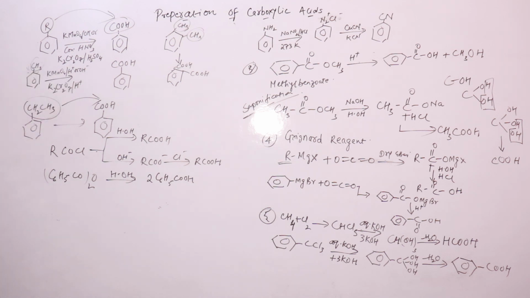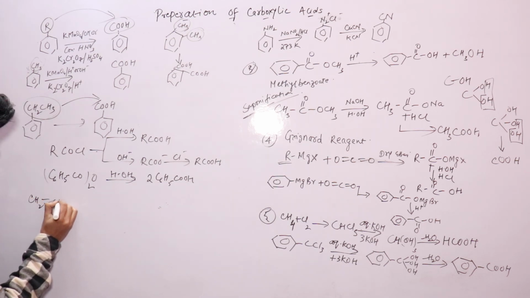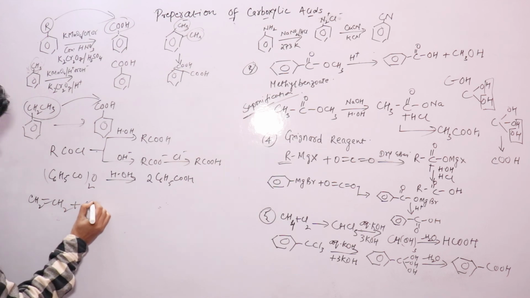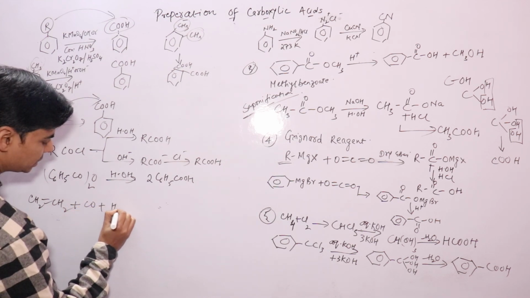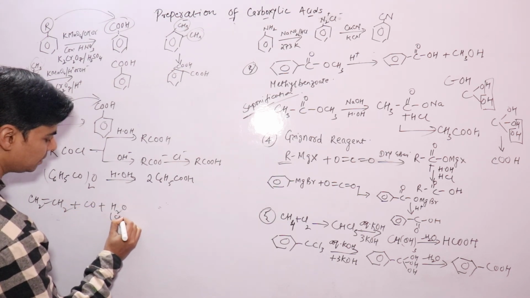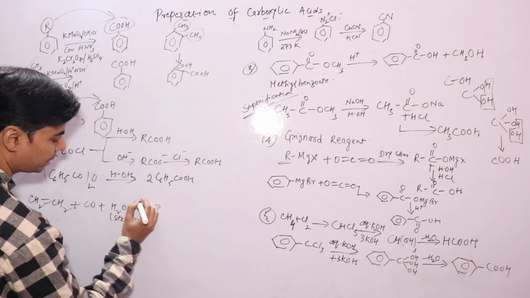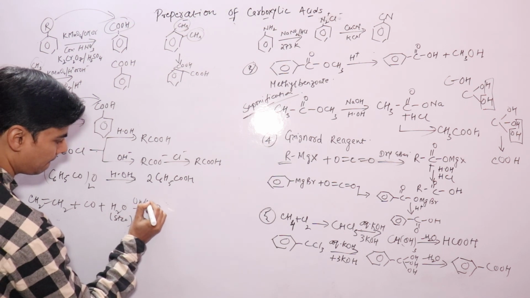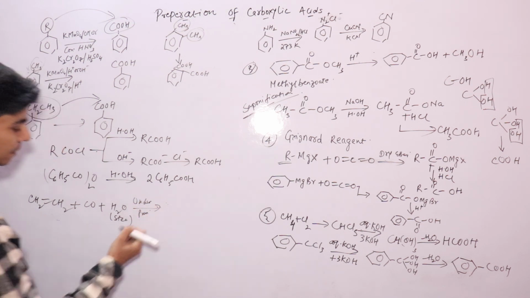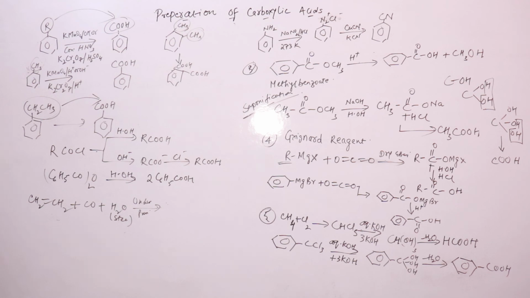Now there is one more method, preparation from alkenes. Alkenes will react with carbon monoxide in the presence of steam, under pressure, to form carboxylic acid.